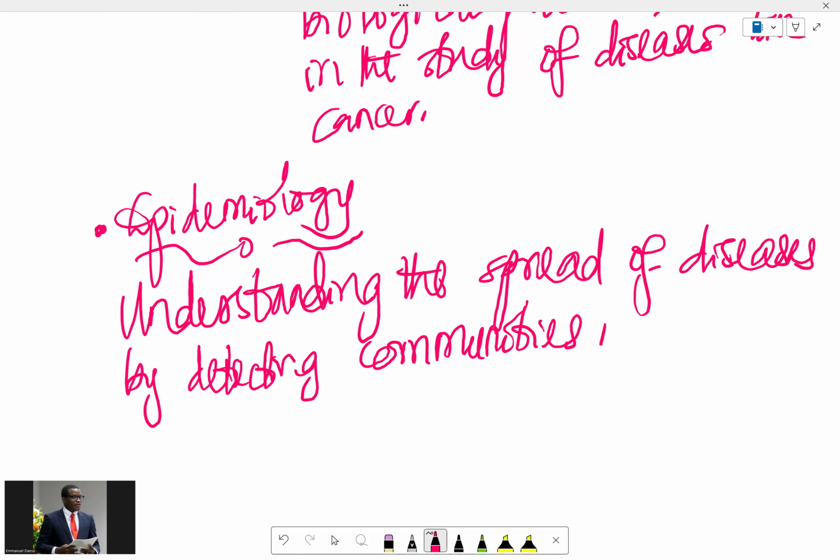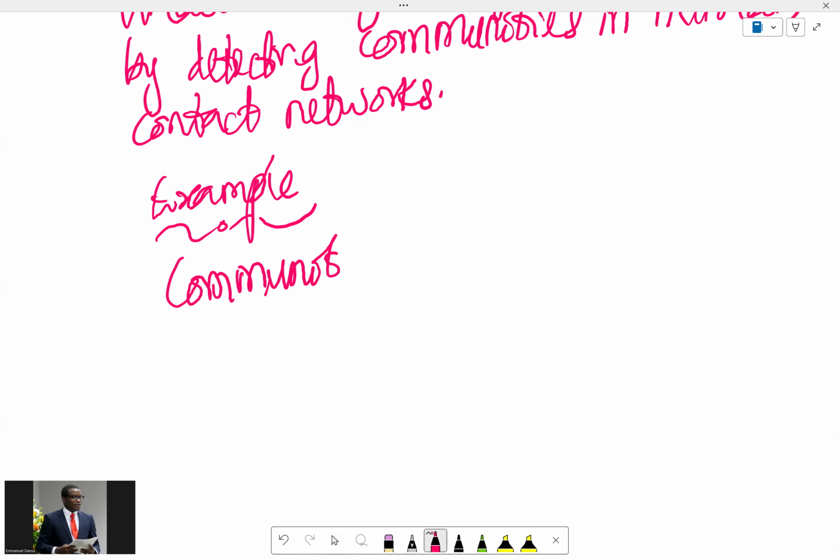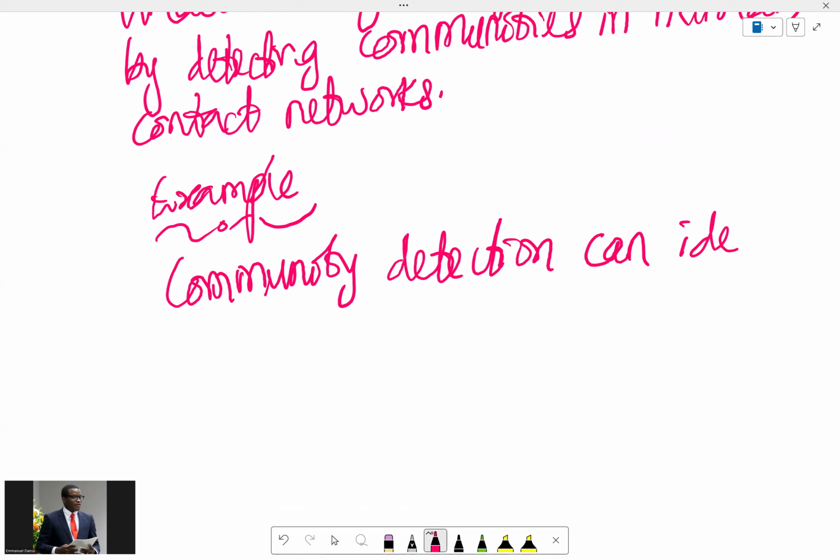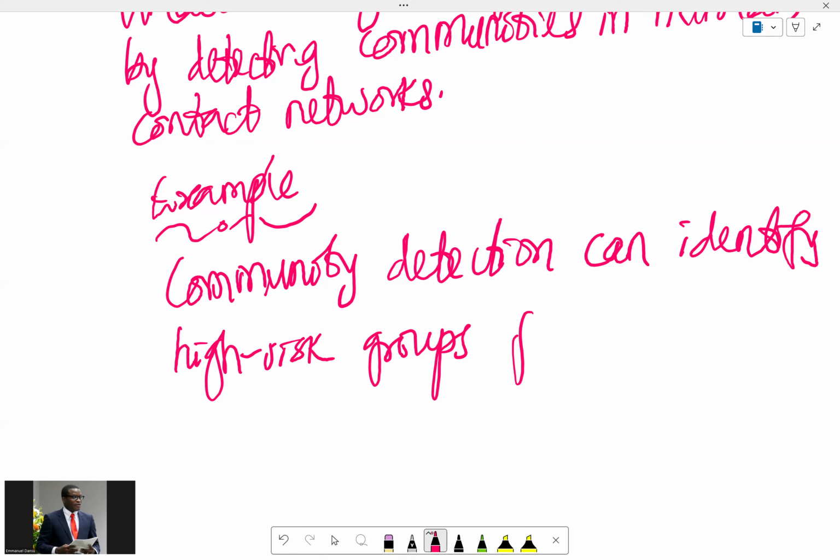So community detection can identify high risk groups for targeted interventions during pandemics.